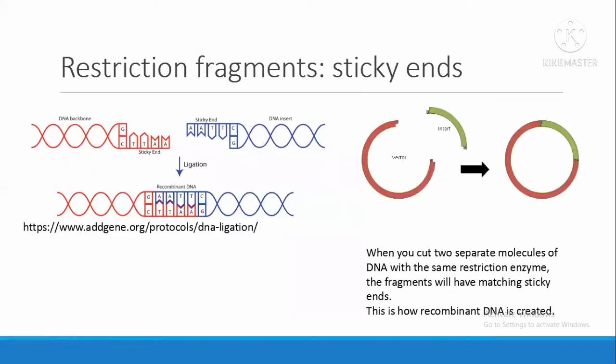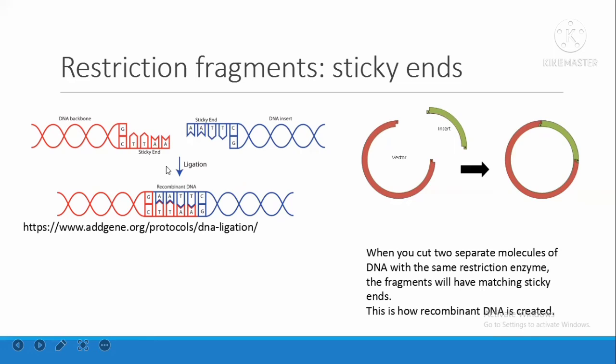Here, restriction fragment sticky ends. What is the function of sticky ends? A sticky end is a portion of DNA that helps to bind a specific site with the same nucleotide sequence on another DNA. Here the blue color shows a sticky end, and the red color shows a sticky end.